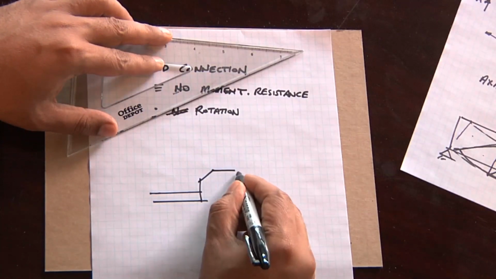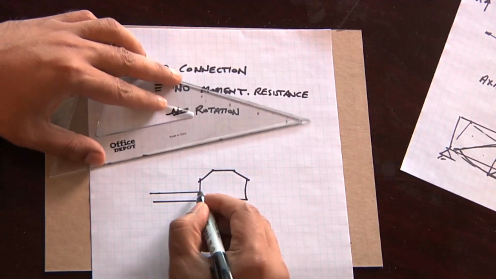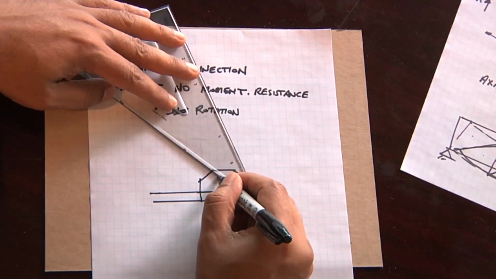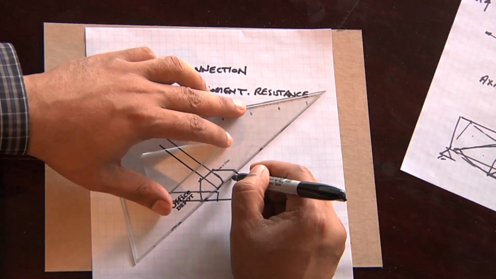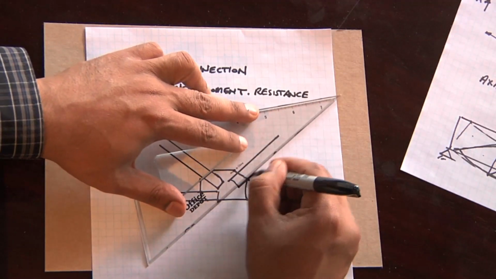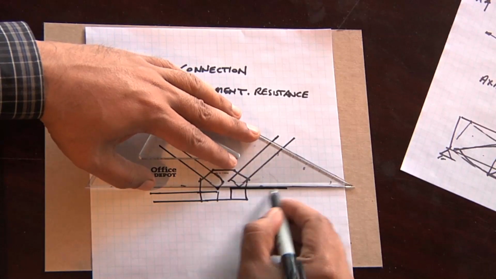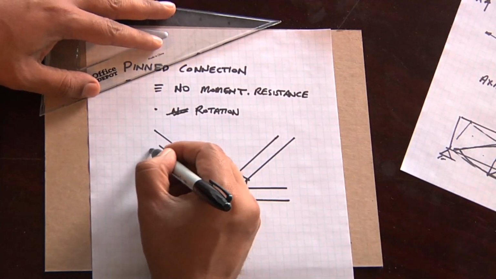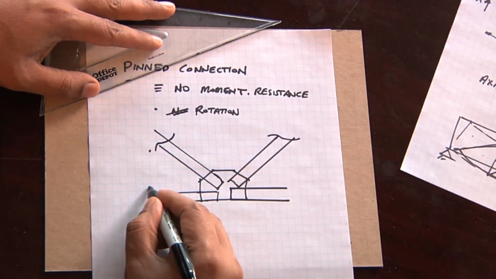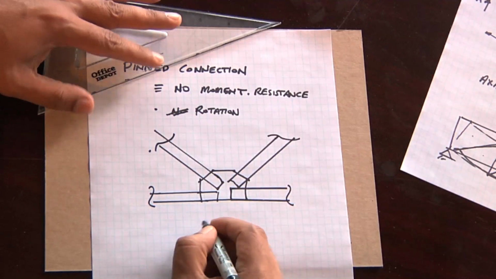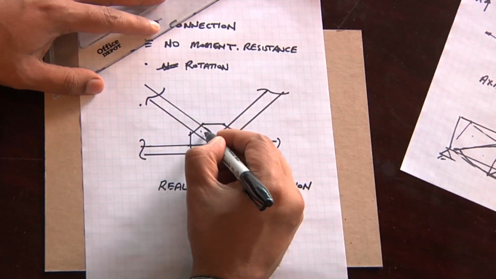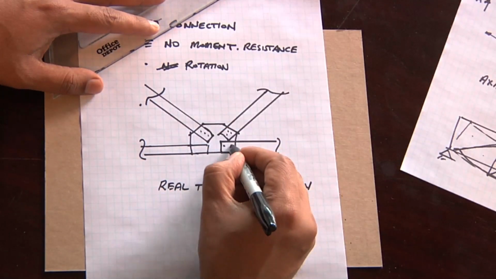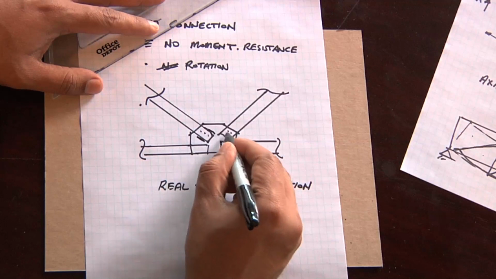It may have a gusset plate with several members coming in. Here's what a real truss connection could be detailed as, just approximately. And so you may have bolts, you may even have welds.